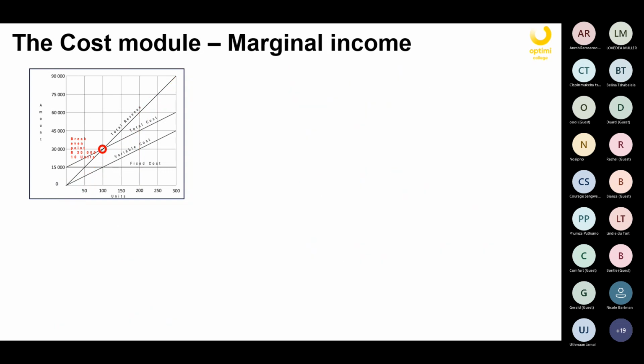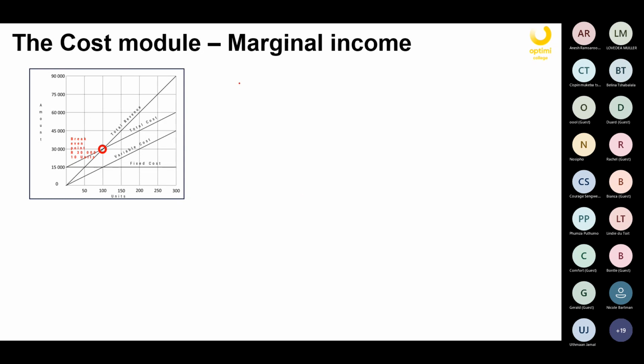Then we go to marginal income. Marginal income means with how much will my income increase if I sell one extra unit?